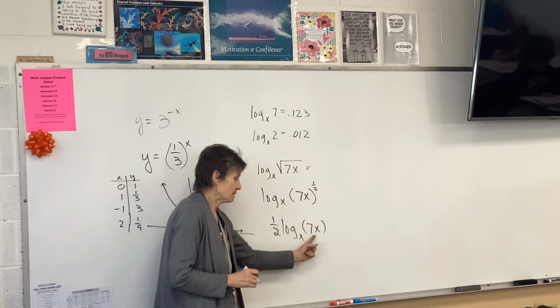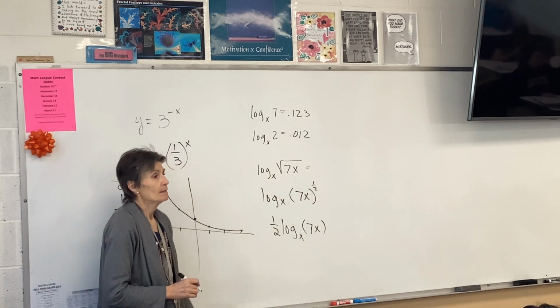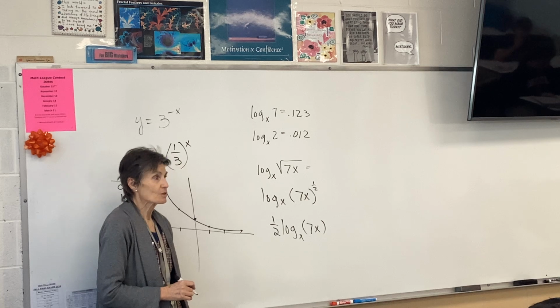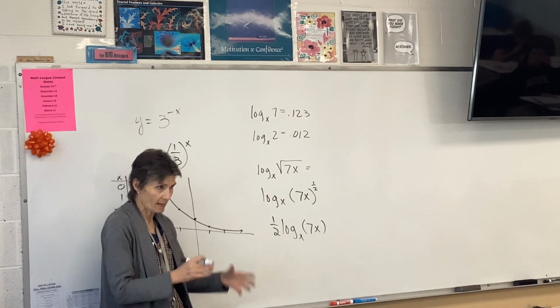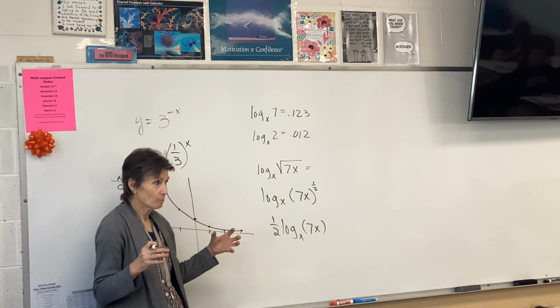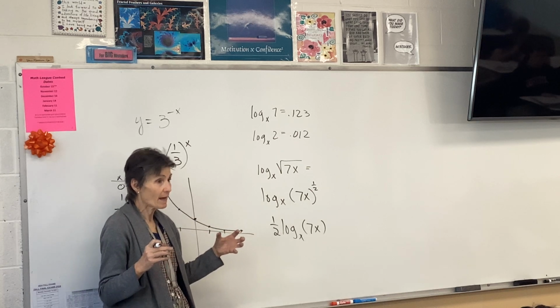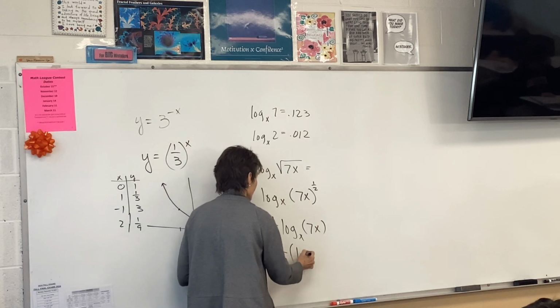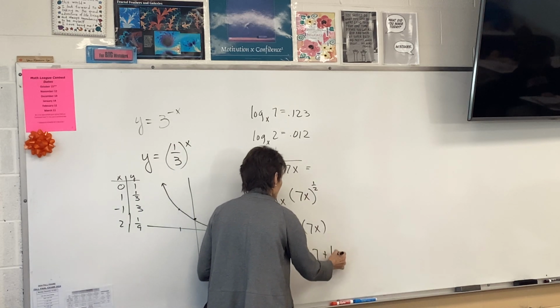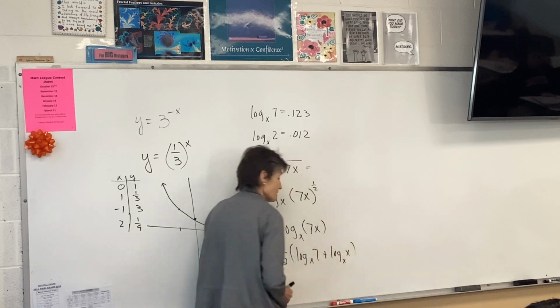Now, what's happening to my 7 and my x? They're multiplied by each other. So when I take the logarithm of things that are being multiplied, I can pull them apart and add the logs. So this is going to be 1/2 the log of 7 plus the log of x.